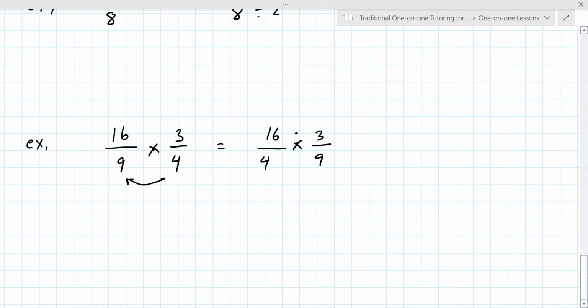Now you could multiply, but sometimes it's better to switch the order first. Hang on, Mason. What did we do in the previous problems? How did we reduce this first fraction?